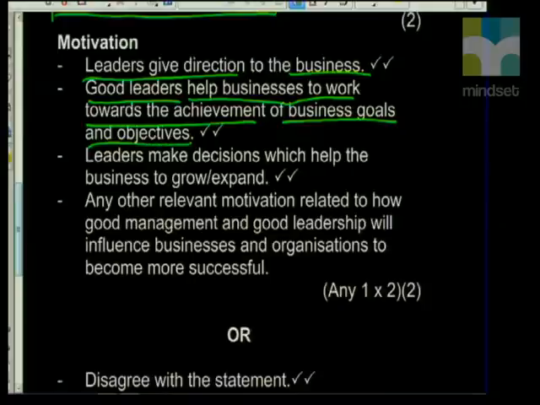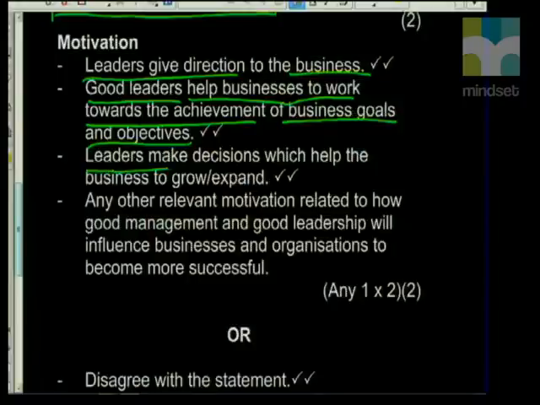If we go right back to the beginning, to the micro, market, macro environment, the micro environment is where a business sets its mission and vision statements and all those basics. A good leader will take the vision and mission of the business and work towards meeting those goals set out. Next, leaders make decisions which help the business to grow and expand.